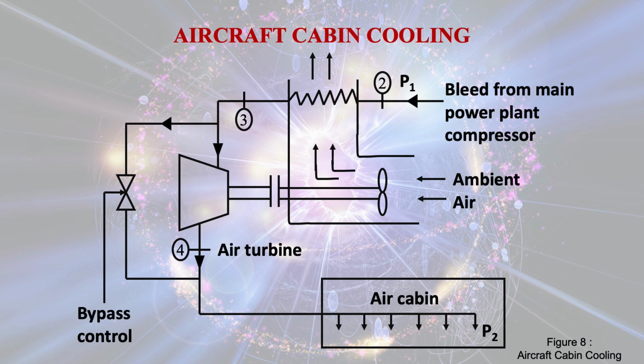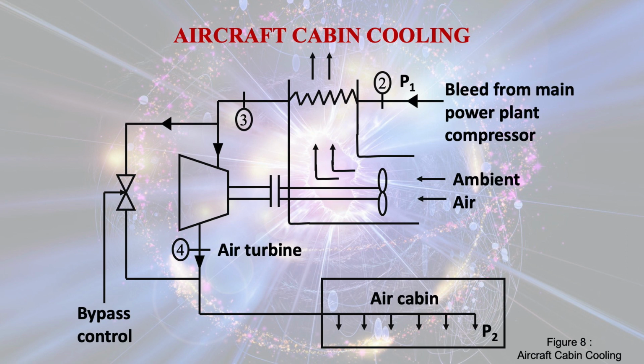We call it bleed from the main power plant compressor, and that actually enters into the turbine, and there is a bypass control system so that the cabin pressure can be maintained to a particular limit. So that high pressure air which is coming out from the compressor can be used for maintaining the cabin pressure inside the aircraft.